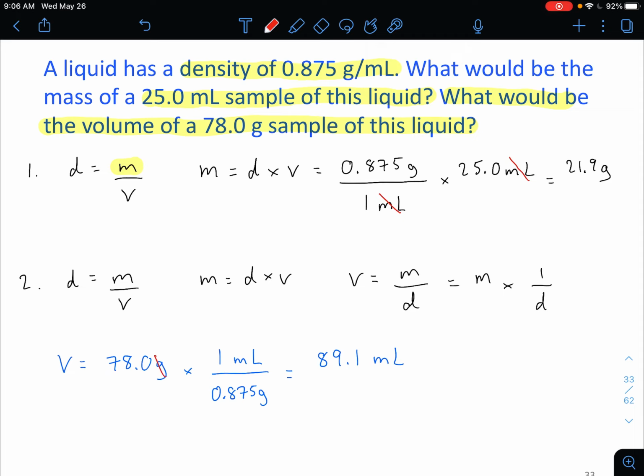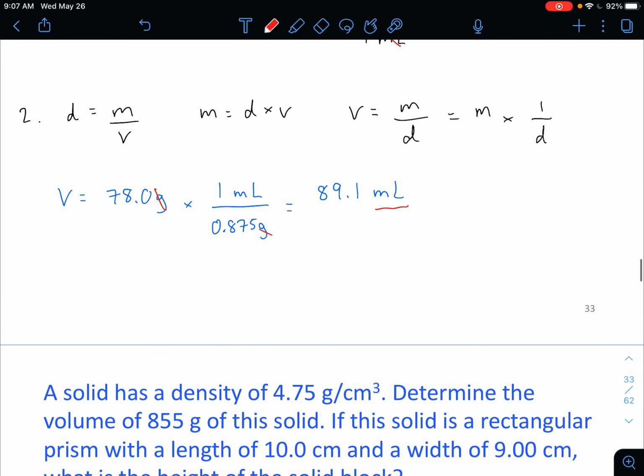I can see that grams in the numerator of my initial unit cancels with grams in the denominator of the density, the way I've written it upside down, so it leaves me with milliliters. Okay, hopefully that's all making okay sense. One more of these to do, and then we'll call it on this video.